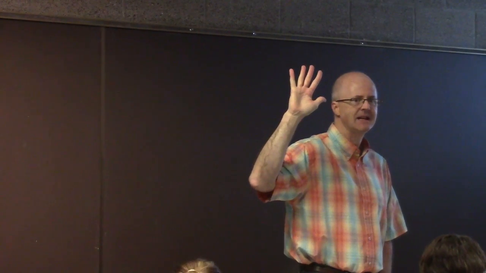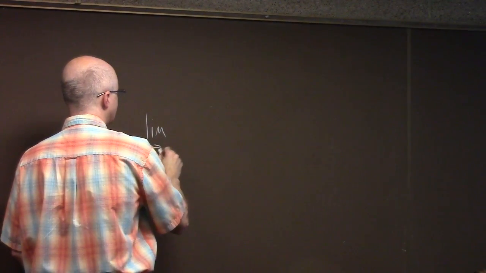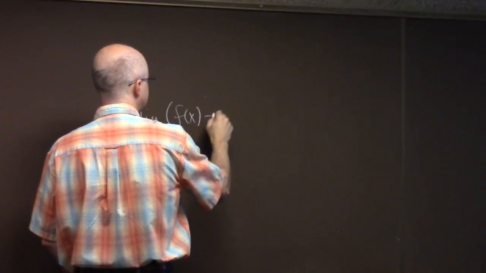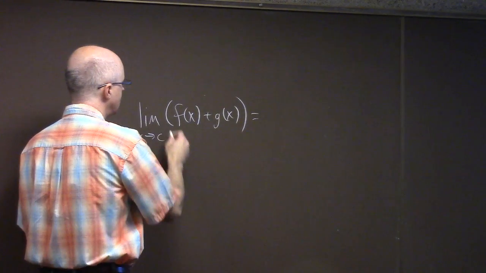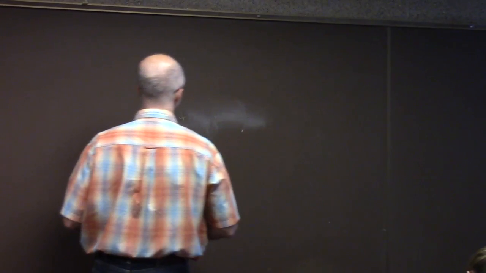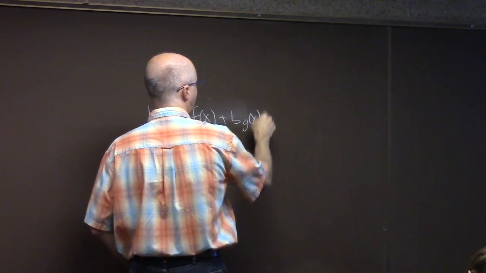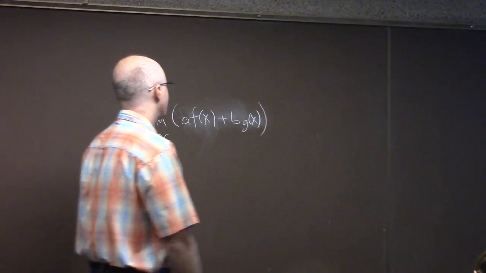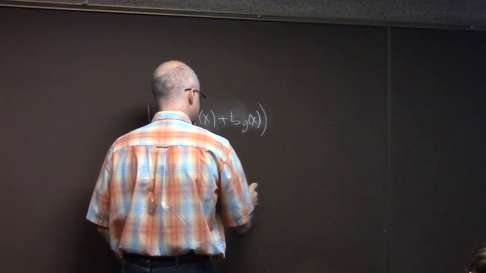If I say the word linearity, well, like with limits, it means the limit of a sum is the sum of the limits, for example, as one aspect of linearity, or the limit of a linear combination of functions, more generally. I've got 2 functions here, but I could have n functions, is the corresponding linear combination of the limits when those limits exist.